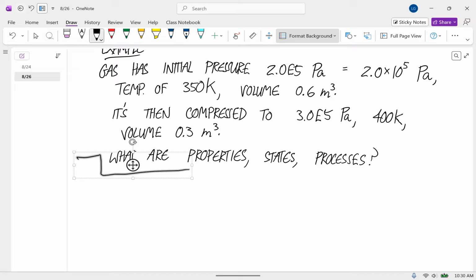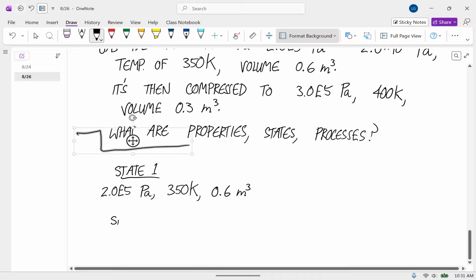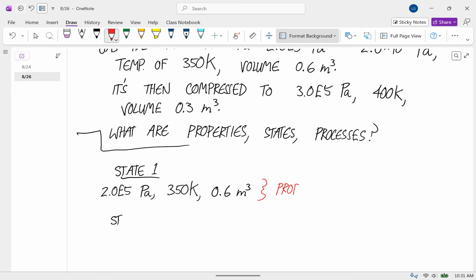Okay, well, there are two different instants, and so there are two different states. So I'm going to do it like this. State 1 has the properties 2.0 times 10 to the fifth pascals, 350 Kelvin, 0.6 cubic meters. So these are properties.